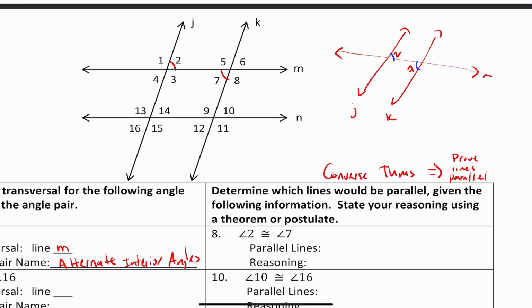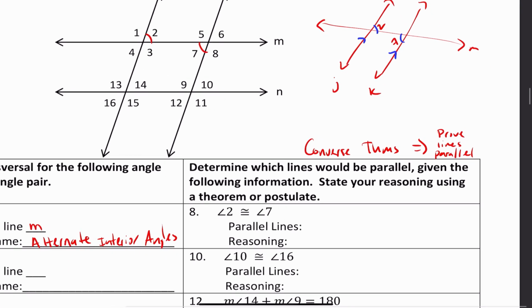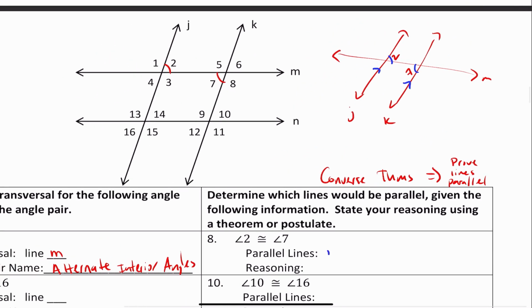So again, angles 2 and 7 are congruent, and they are both inside of the lines here. Therefore, lines J and K are parallel, okay? So the parallel lines in this case are J parallel to K, and we say that they are parallel because of the alternate interior angles converse.